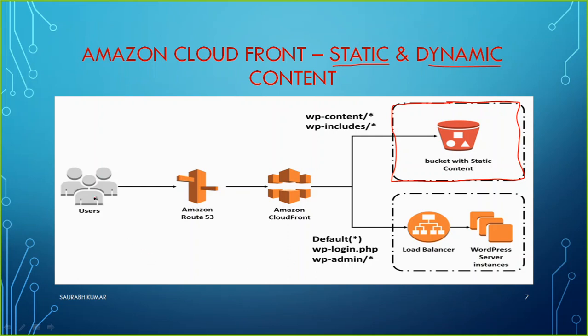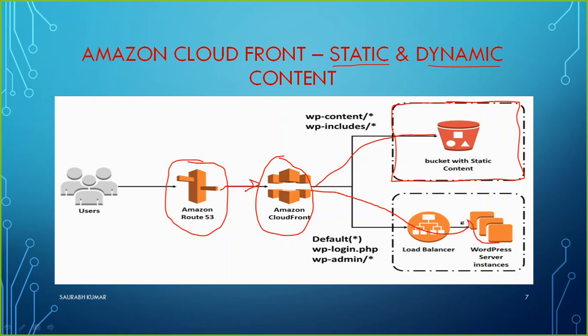If somebody is requesting, the request first goes to the DNS of Amazon. Amazon DNS forwards this request to the relevant CloudFront. CloudFront receives the static information from the bucket and the dynamic content, with the help of a load balancer, from any of the instances.